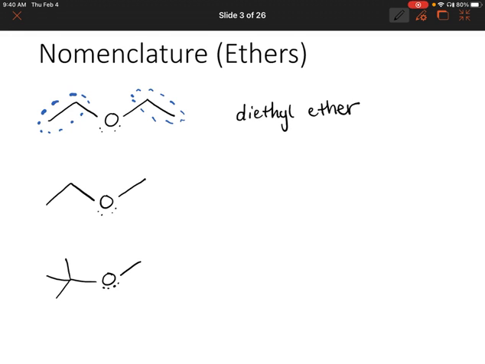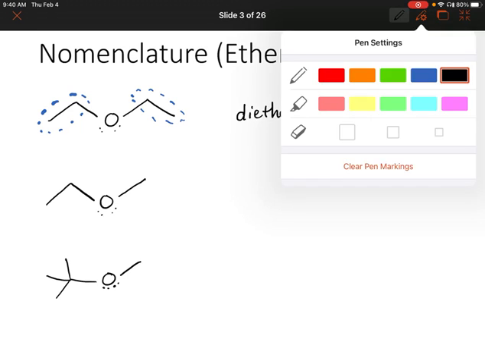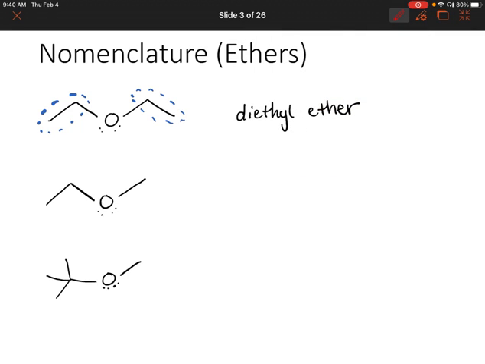So we use this a lot in organic chemistry. Now looking at the next one, we have an ethyl group and a methyl group. So this one we would call ethyl methyl ether, and remember to alphabetize the substituents. So ethyl methyl ether.